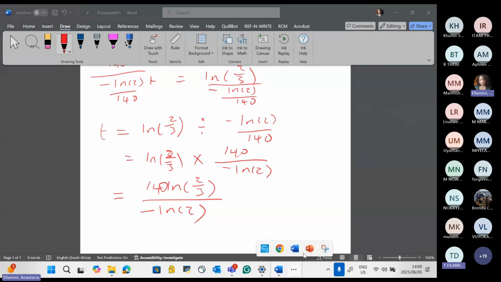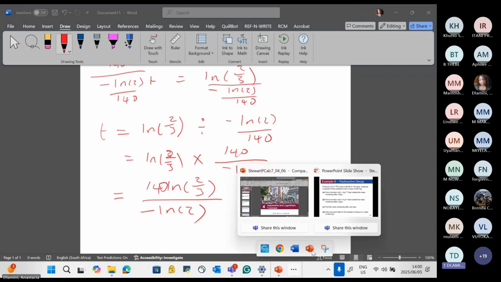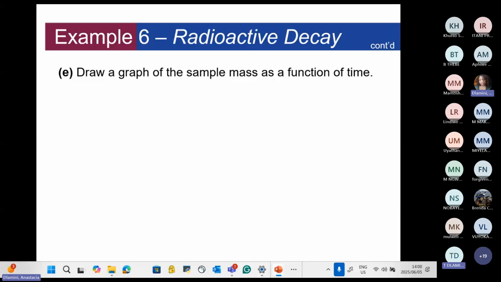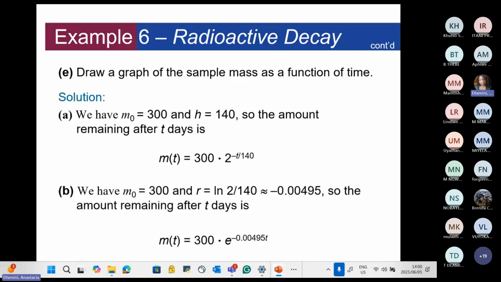You don't want to lose marks. You know how to draw an exponential graph.